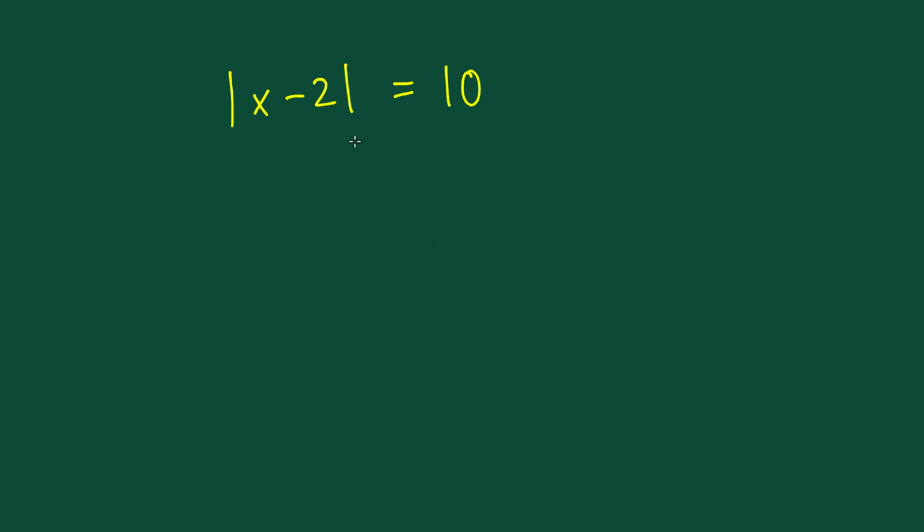Anytime you have an absolute value equation, you need to split it up into two parts. The first part is going to be simply the inside and the answer. Okay, x minus 2 equals 10. That's the first part. The second part will be the inside equals the opposite sign of the answer.